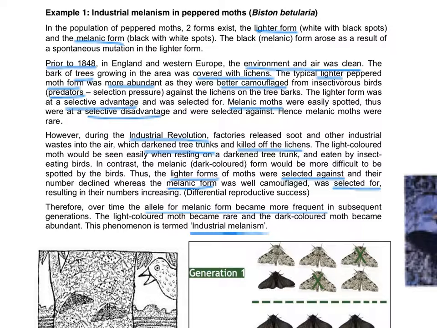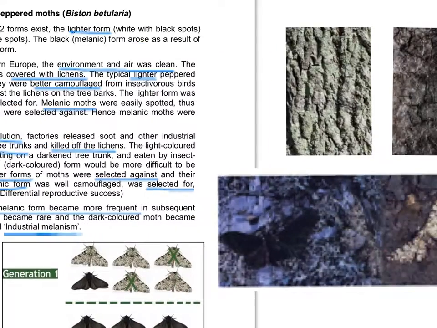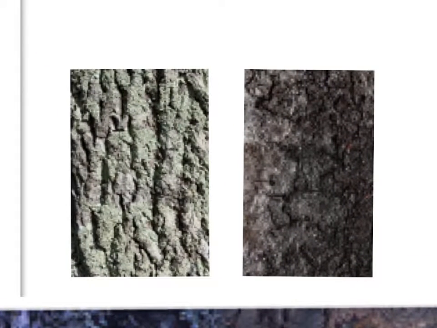Lichens are white in color, so basically the tree bark was covered with that. So if you need a real life picture, before the Industrial Revolution it was like that, covered with lichens.